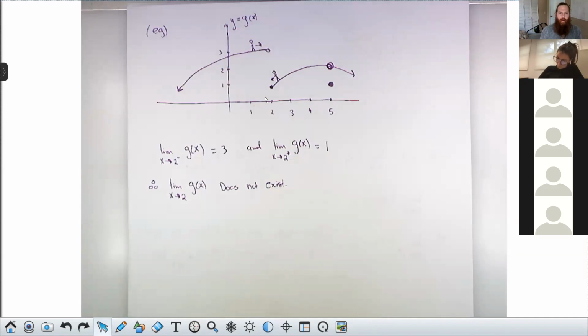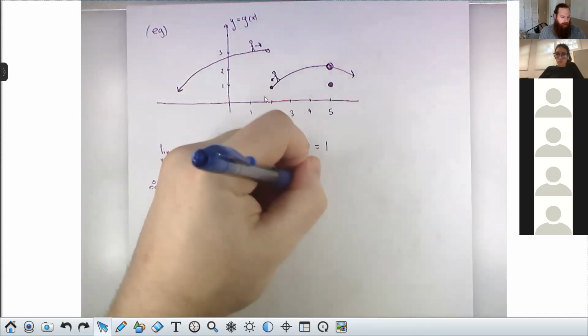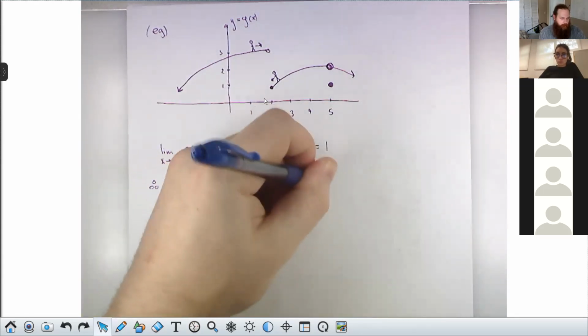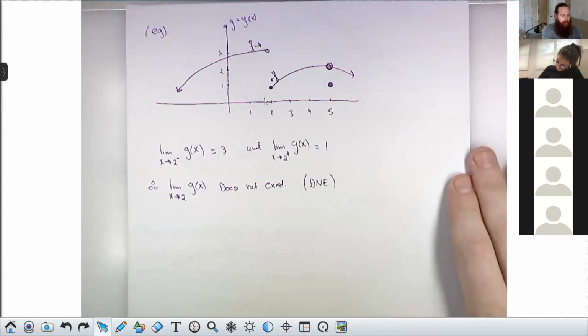For undefined, you have to type in DNE. Yeah, in WebAssign, if the limit does not exist, they want you to type the letters D, N, E. But I'm not sure that what you're talking about is the same thing that we're talking about here. So I made a note, number 7 will be the first example I do from the homework, and we can take a look. Yeah, that's the one. All right, let's do that. We'll do that next. But before that, I want to do a couple other things here.